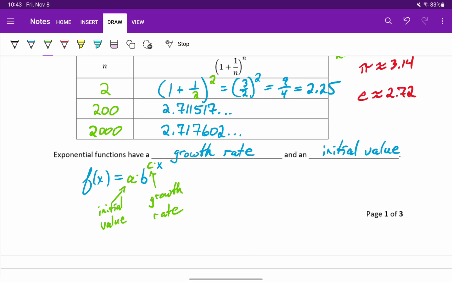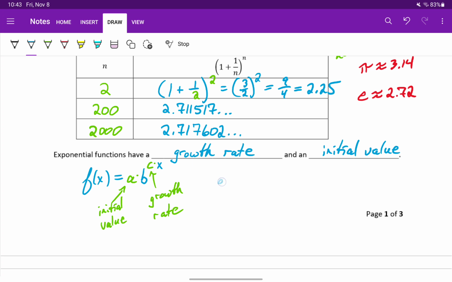That means that anytime we have an exponential function, just looking at the function, we can determine its growth rate by looking at that value for c and the function's initial value, so the value of the function when x is equal to 0, just by looking at that value for a.